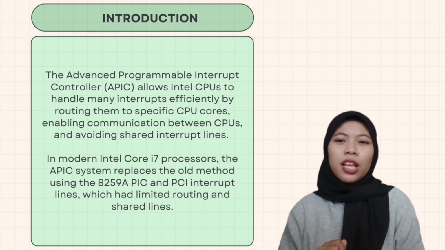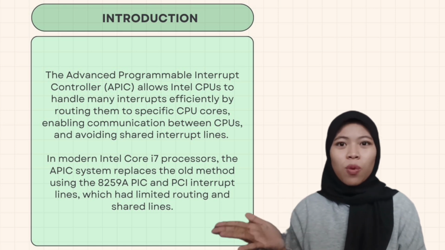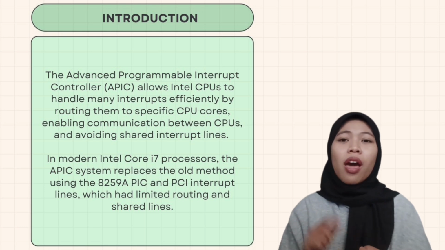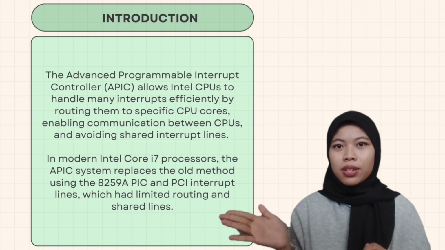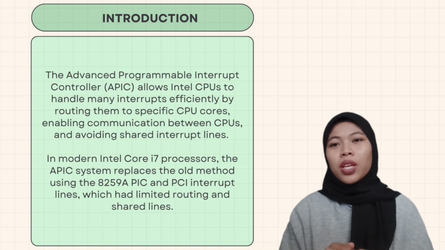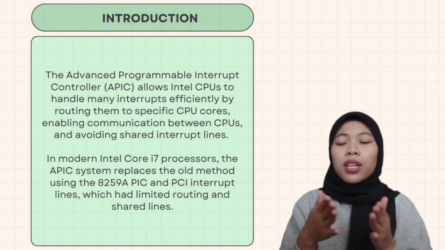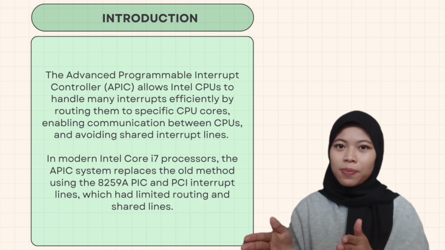Modern CPUs like the Intel Core i7 have multiple cores, so to manage interrupts efficiently, Intel uses the Advanced Programmable Interrupt Controller, which we call EPIC. The EPIC system plays a vital role in distributing interrupts to specific CPU cores based on priority and availability.